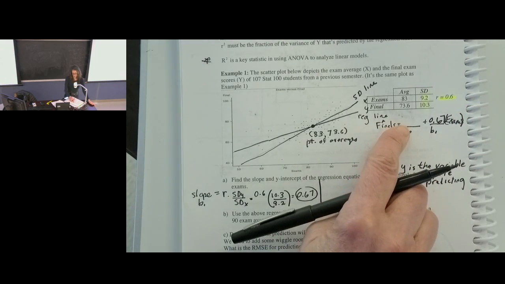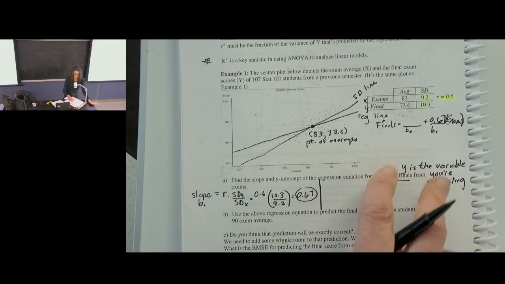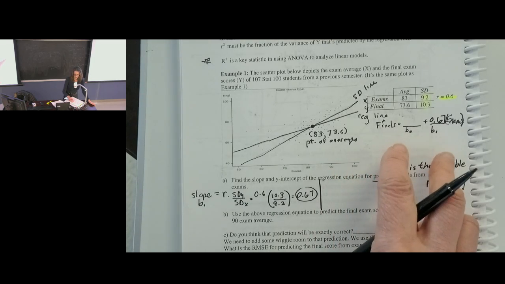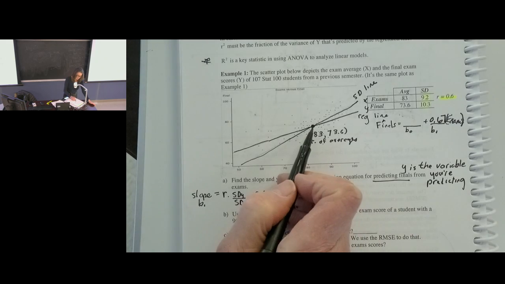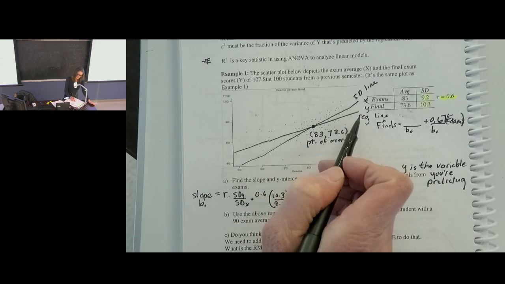And now we just want the intercept. You remember, for any line, this equation has to be true for every point on the line, and the only one we really know is the point of averages. So that's the one we're going to plug in. We know that's on this line.